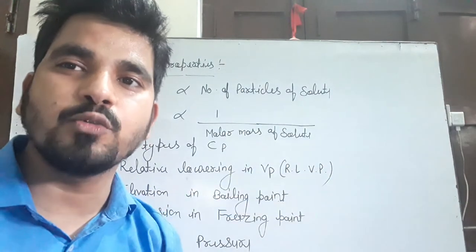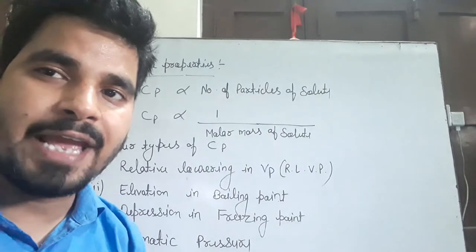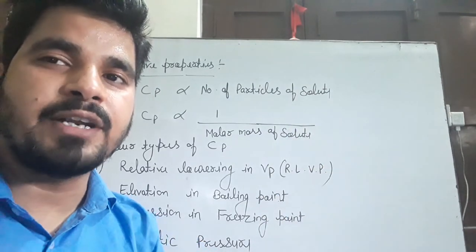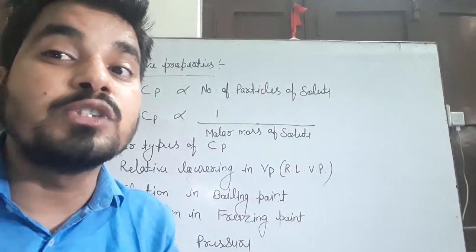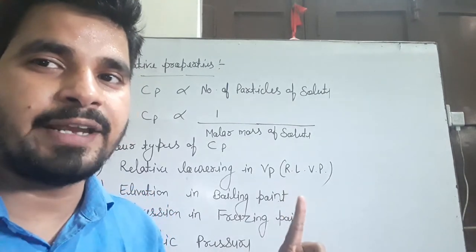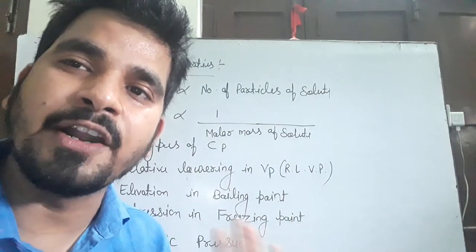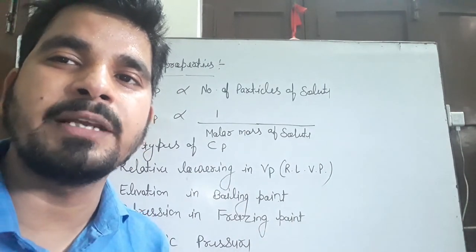Why is it inversely proportional to molar mass? Because after dissociation, we have added one particle, but it is divided into two simpler particles. Suppose a particle has molar mass 100, and after dissociation it becomes 50 and 50.